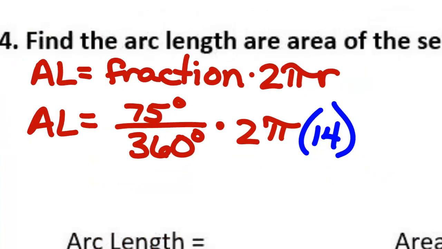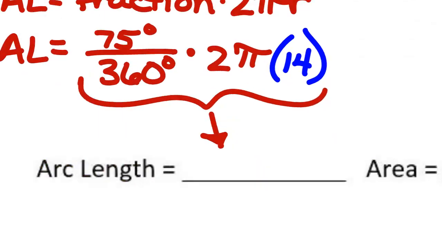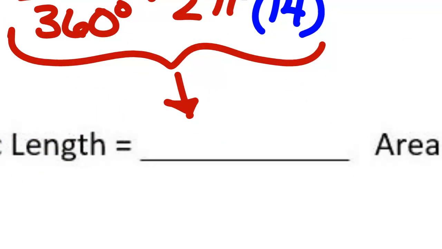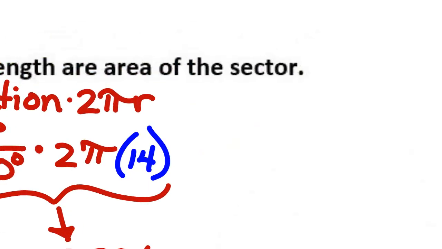And then we pop that into our calculator. We get an arc length of what? Yes, 18.326, and we put the unit of meters on that.